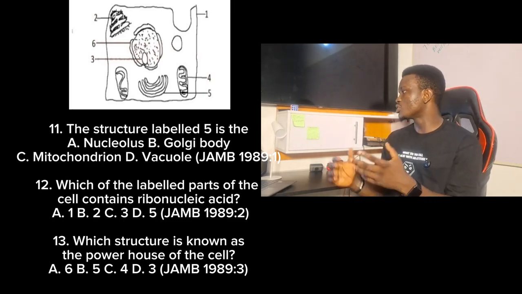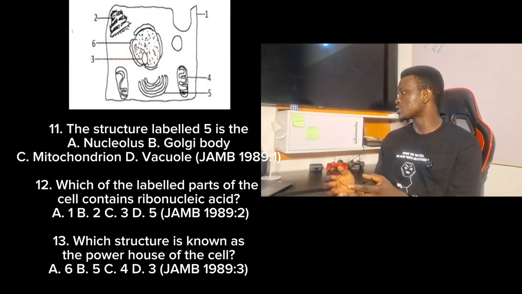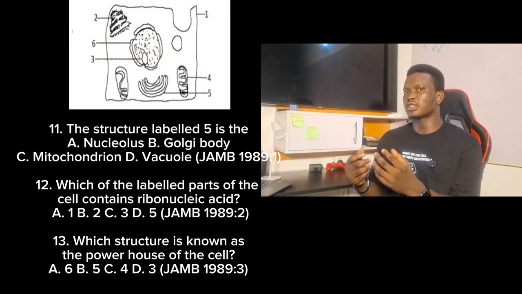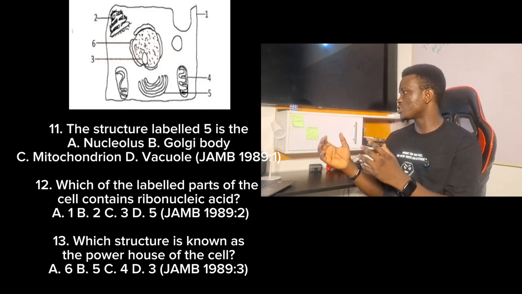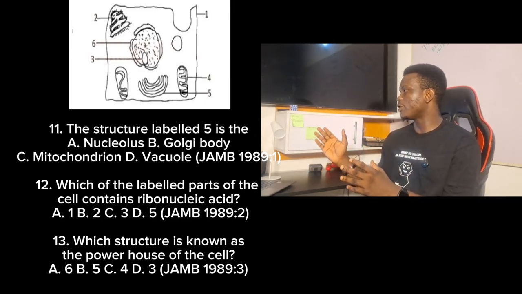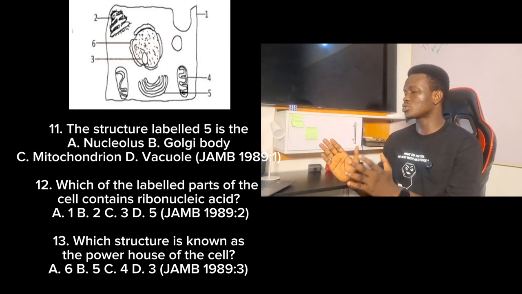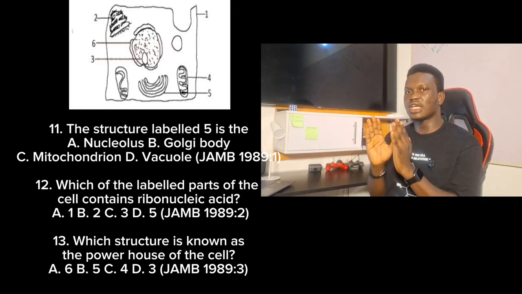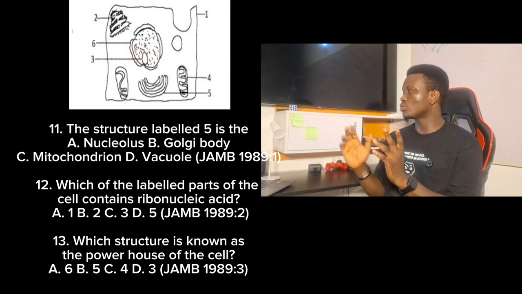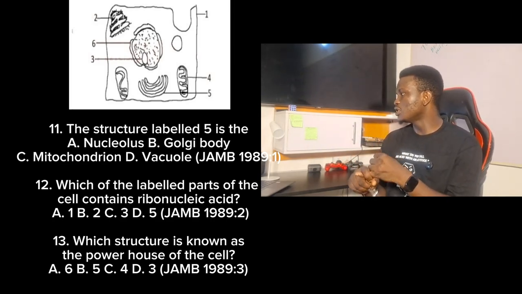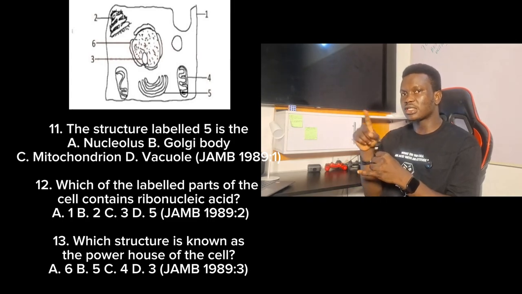So number 11, we have a diagram here. So the structure labeled 5 is the what? If you look at all of the structures, let me describe most of them to you. First, look at it. Is it an animal cell or a plant cell? Plant cells usually have a particular shape. From what we have here, number 4 is the mitochondria. You can see that that one looks like a sausage.